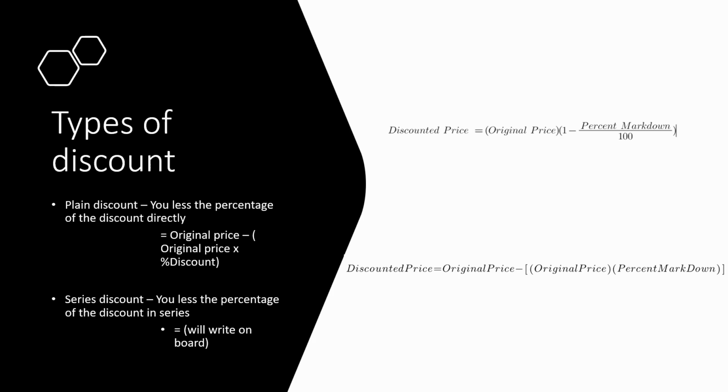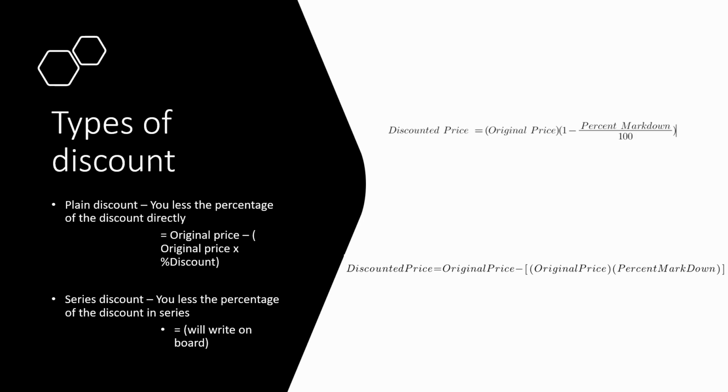Again, this time we're going to subtract the original price less the discount. So you're going to get the discounted price. Either of these formulas is valid. You would get the same answer using these formulas. So for plain discount, you're simply going to use these formulas.